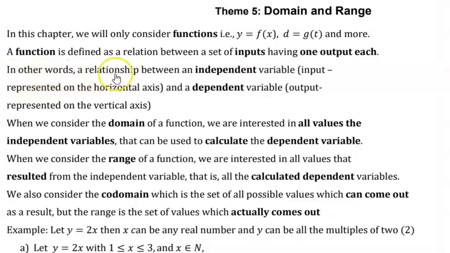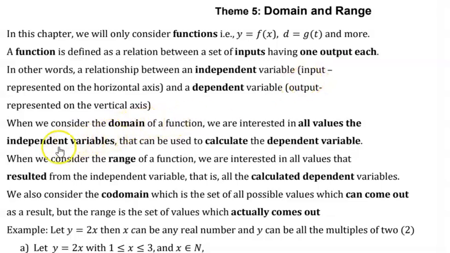In other words, a relationship between an independent variable, which is the input, represented on the horizontal axis, and a dependent variable, the output, represented on the vertical axis, with that specification that each input only has one output.